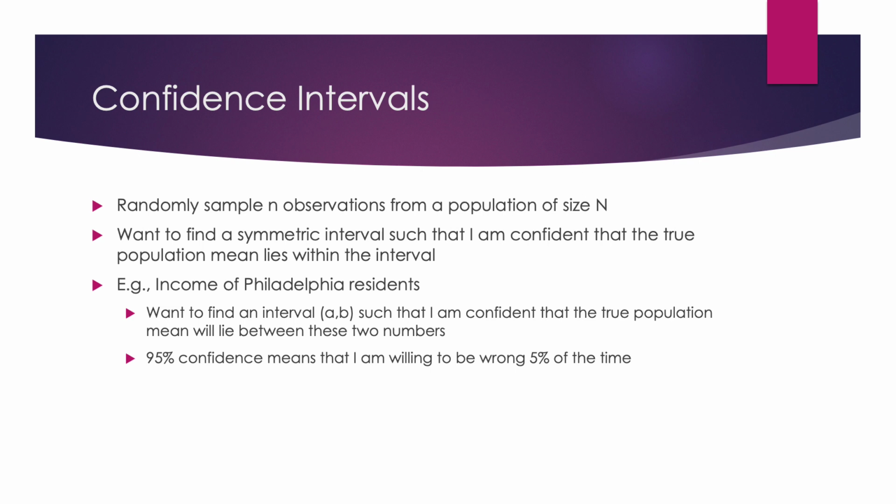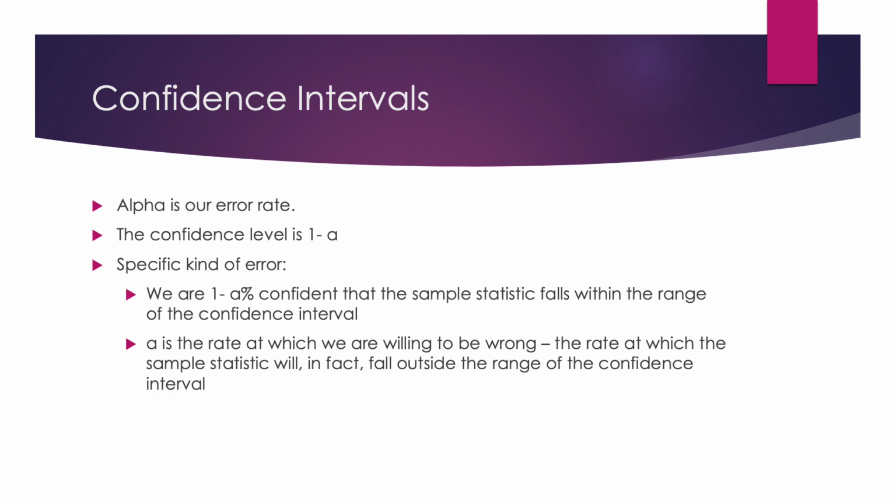I want to find some kind of interval, A B, such that I'm confident that the true population mean will be between those two numbers. I want to be able to say, with 95% confidence, that the mean lies between A and B. 95% confidence means that I could be wrong 5% of the time, or there's a 5% chance that my calculations are incorrect.